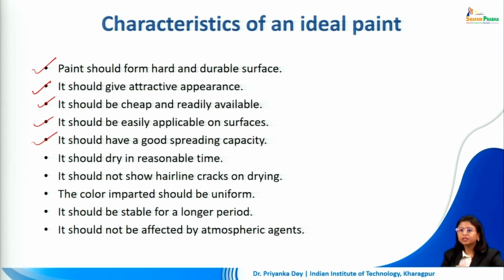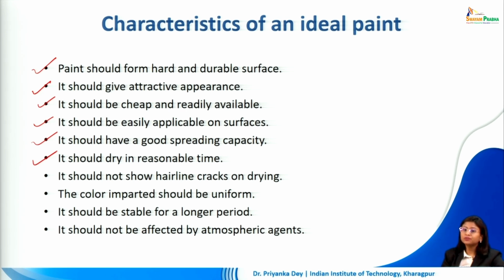So if a material or a color doesn't spread easily over a long area in long strokes, we end up using more and more buckets of paint. So that's not something we want to do because it will become uneconomical for us. So the spreading capacity, if higher, that makes the paint much more economical and it also makes the application process smoother for us.